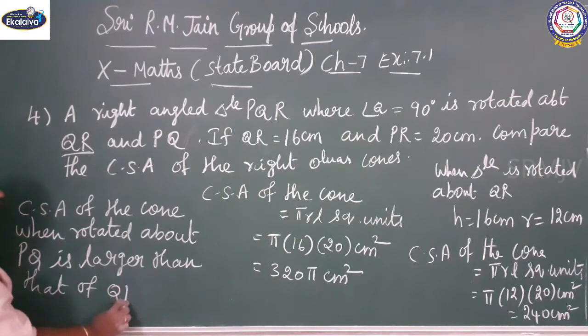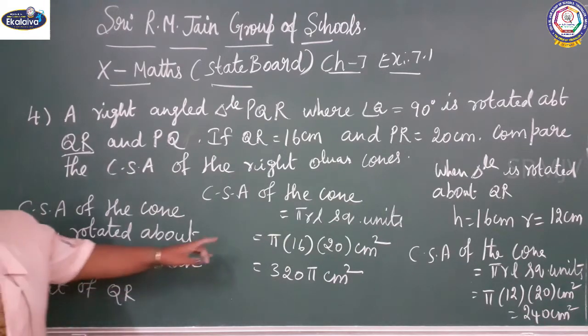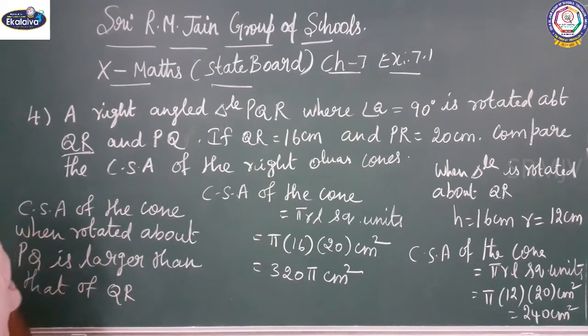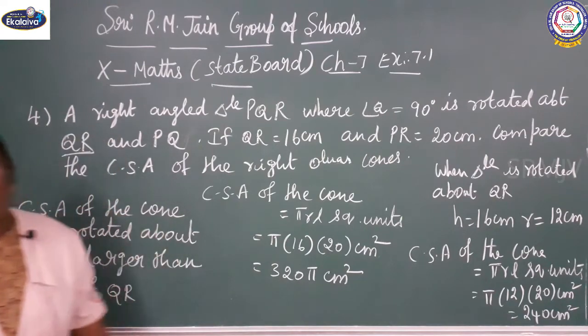You compare these two. This is the triangle rotated about PQ, that is the triangle rotated about QR. We can compare these two values. This value is larger.